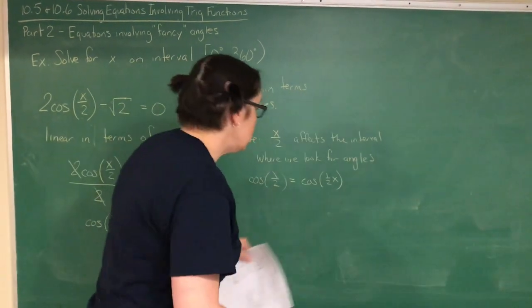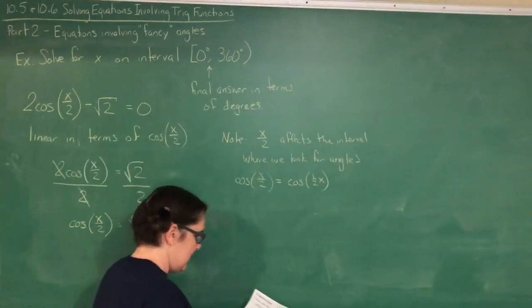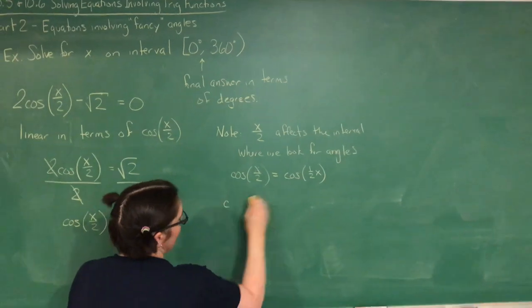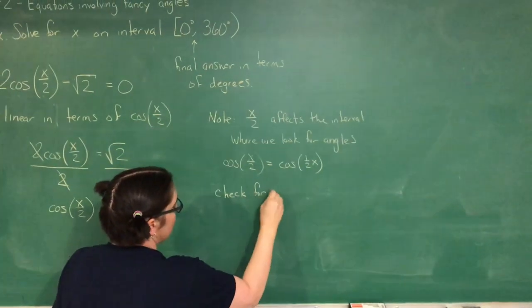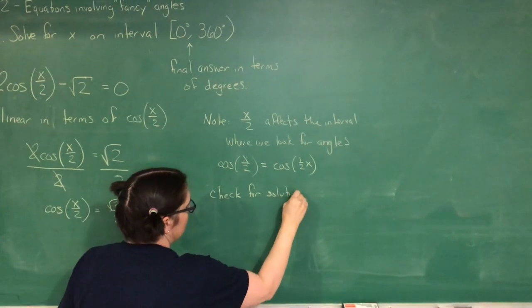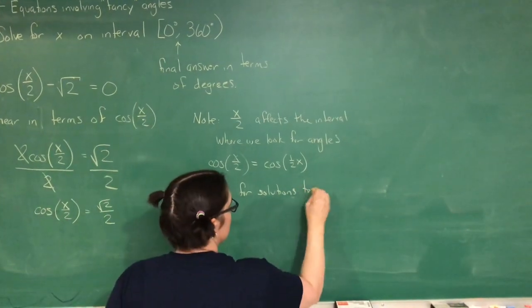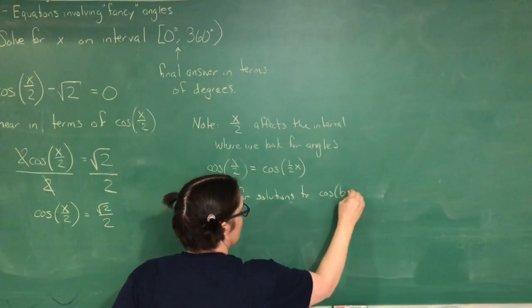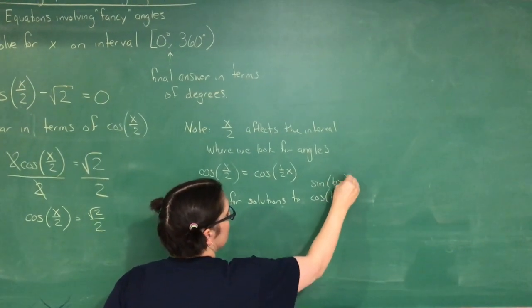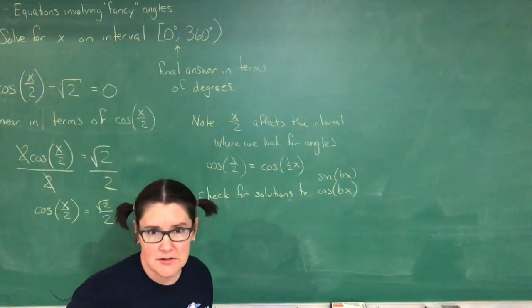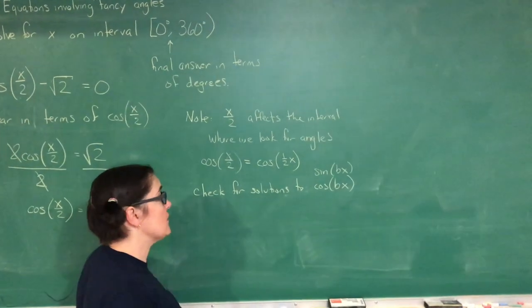So in general, if we have something fancy inside the parentheses, we want to check for solutions to cosine of b times x, or sine of b times x, or tangent of b times x, whatever the trig function is.